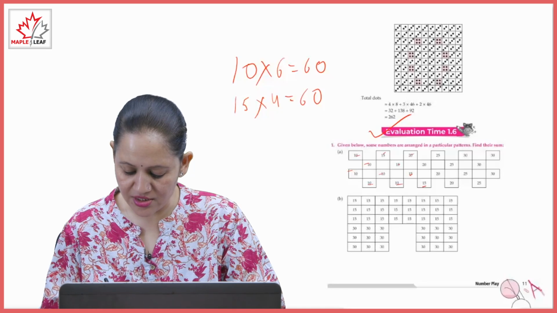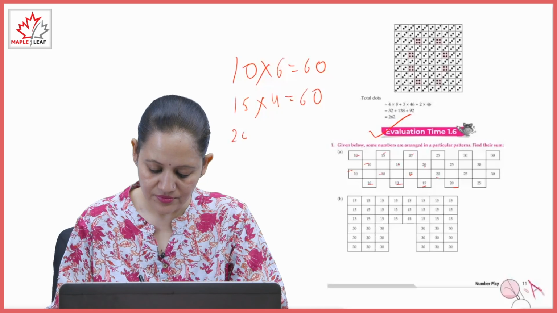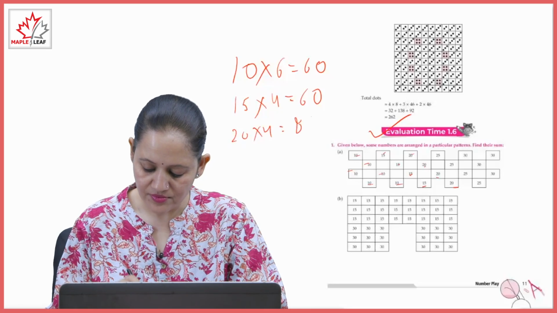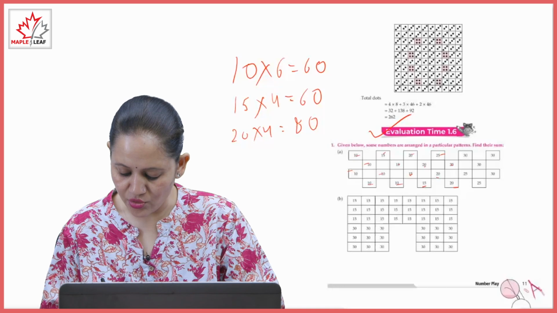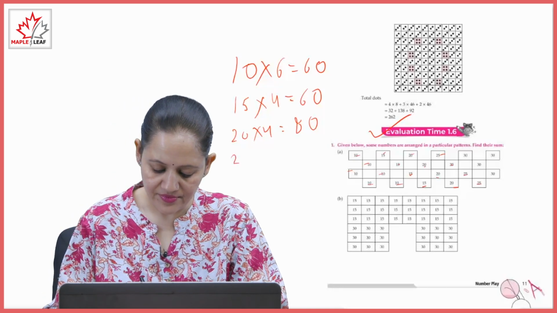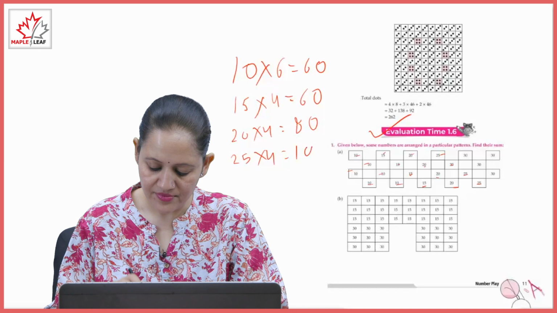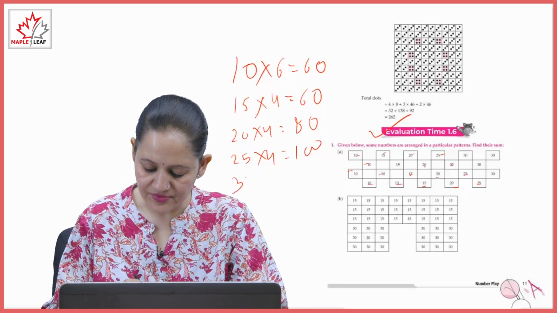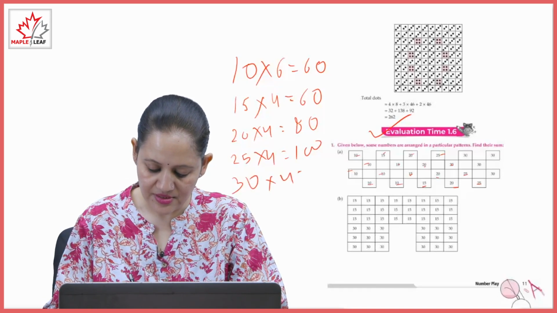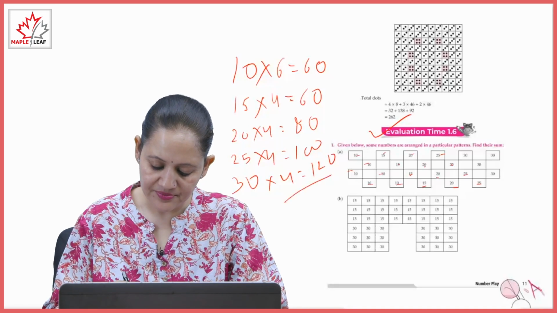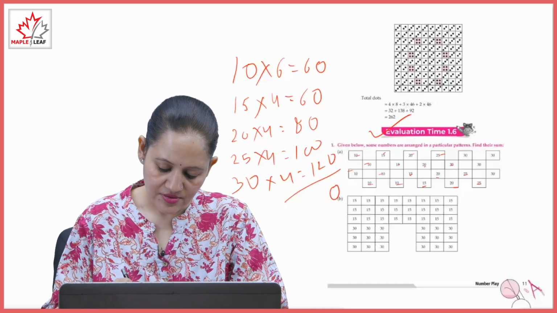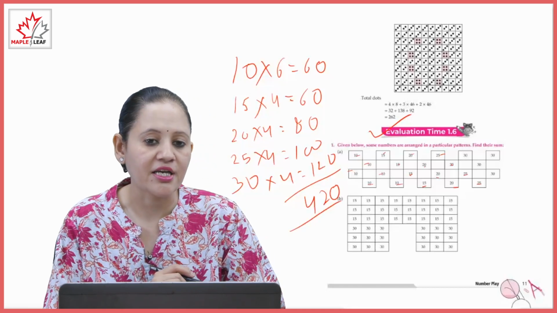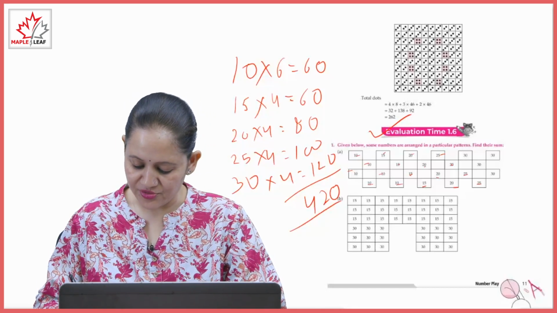Then 20, 1, 2, 3, 4. Twenty-five, 1, 2, 3, 4. And 30. We will add them together. 420. So like this we can find out the sum.